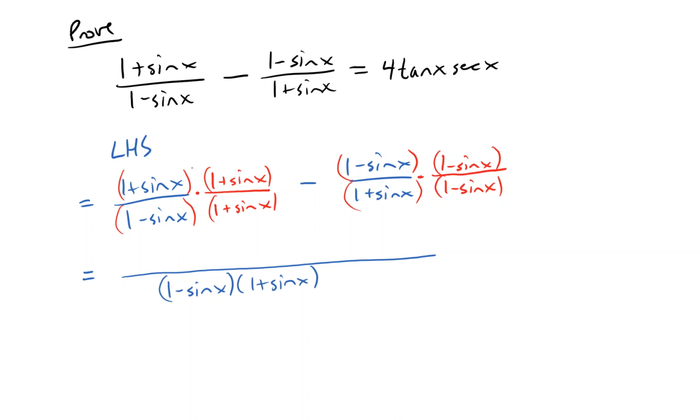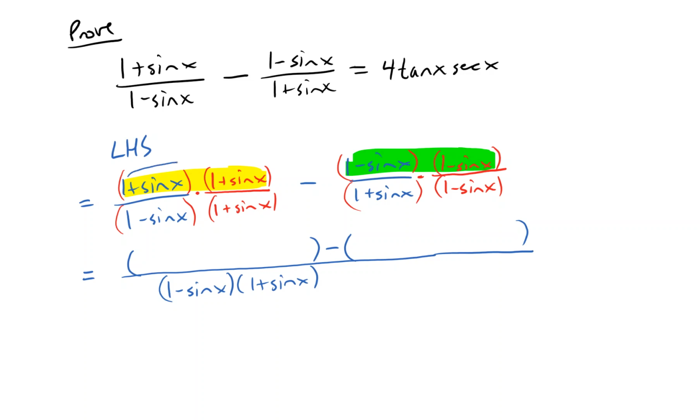On the top, I have to multiply out all of this, so I'll put that result here, minus all of this. Notice my use of parentheses here. I need to subtract the two numerators.